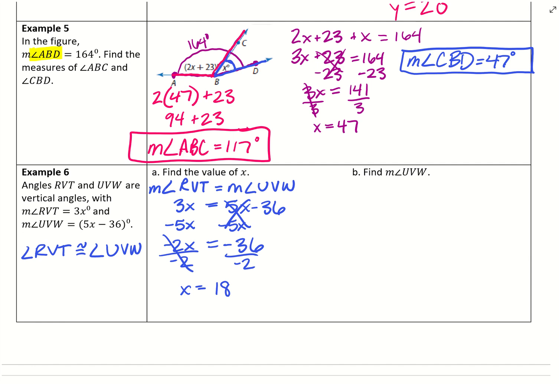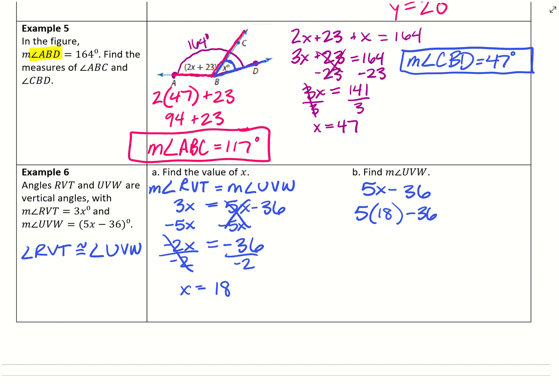Now, real quick, if you somehow get a negative number for your angle measure, you know you've done it incorrectly because it's not possible to have a negative angle measure. Okay, so we got x equals 18. Part B is to find the measure of angle UVW. So I'm going to take my 5x minus 36, which was UVW, plug in the 18, and then simplify.